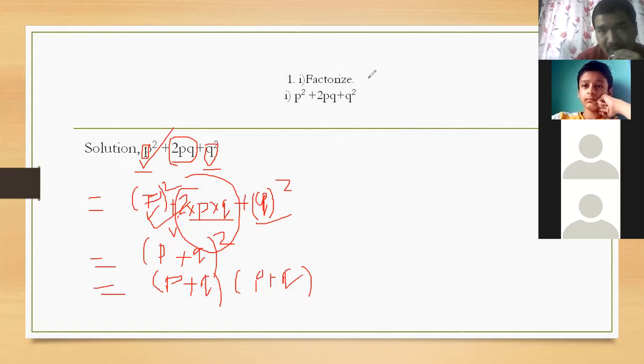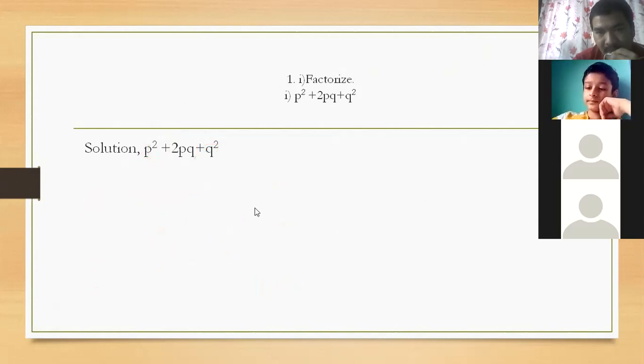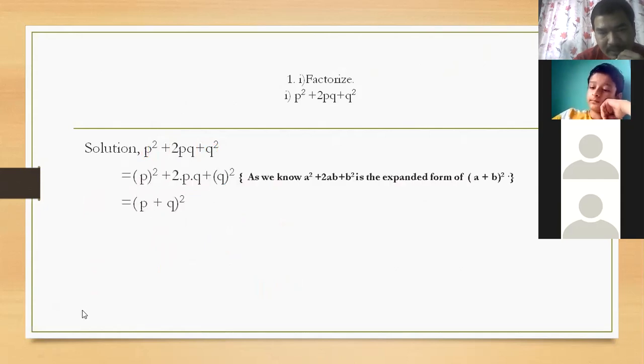Aditya, have you understood? Yes, sir. Okay, now I am going to show the solutions of other questions also. Look here. How to factor this? I have already shown just now like this. As we know, a square plus 2ab plus b square is the expanded form of (a plus b) whole square.